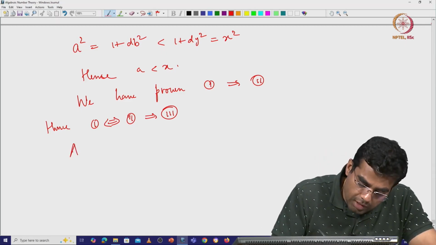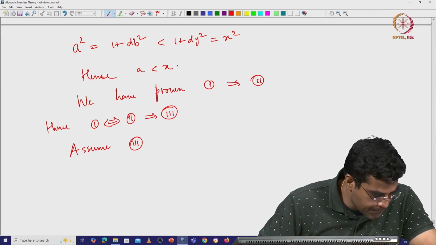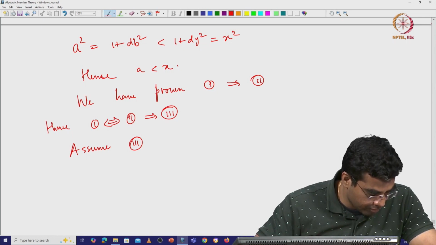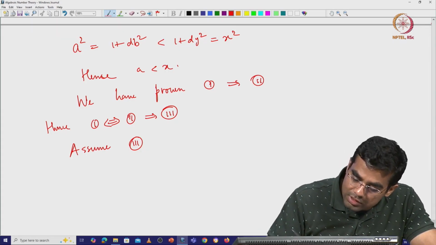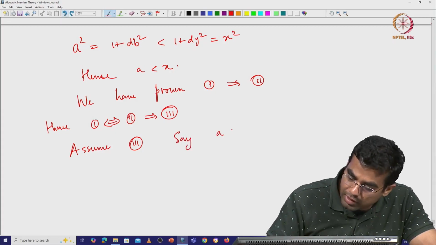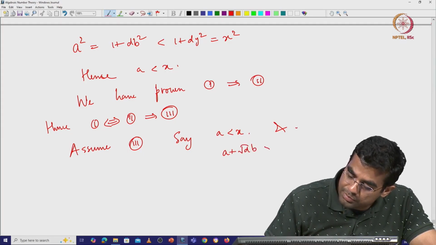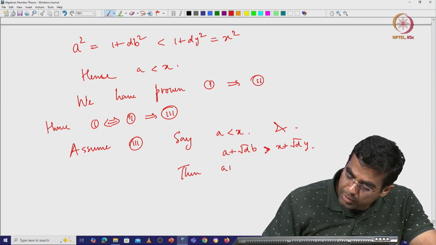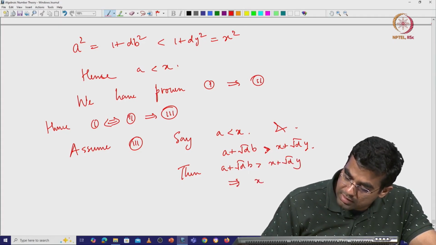Right. So, now let us assume 3. We have already done this, but let me just say: for concreteness, let us say a is less than x, and let us say a plus square root of d b is bigger than x plus square root of d y. Then this implies that a is bigger than x.